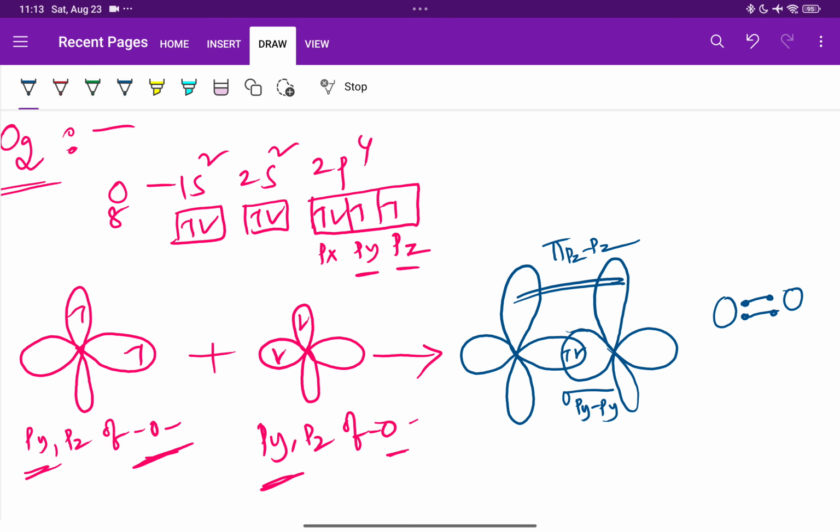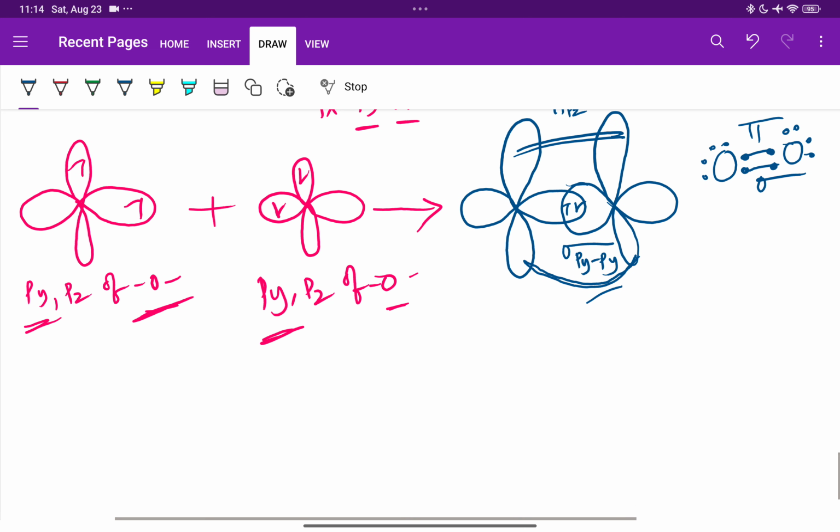Both oxygens have given 2 electrons, because oxygen valency electrons are 6, and in that 6, 2 are participating in the bonding. So this is sigma, this is pi. Sigma bond is formed by py, pi bond is formed by pz. Here the overlapping you can take from the downside also, because pi bond is formed above the plane and below the plane, nothing but above the internuclear axis and below the internuclear axis. So this is O2 formation, pi bond.